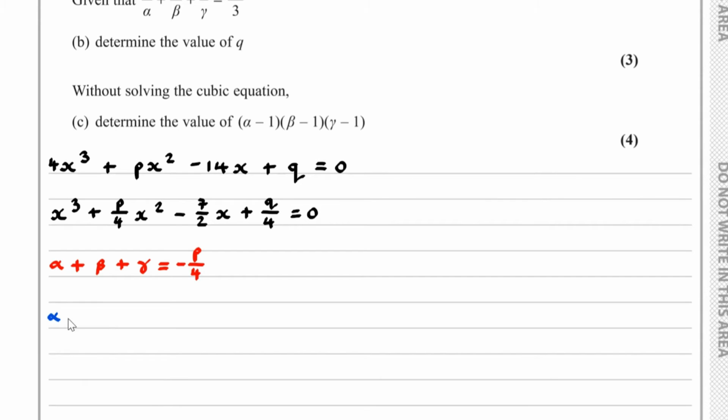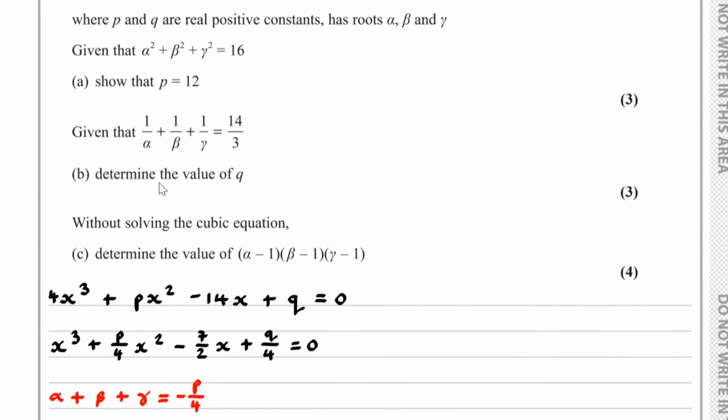We can see alpha beta plus beta gamma plus alpha gamma is equal to minus 7 over 2. And what we can also see is alpha beta gamma is equal to minus q over 4.